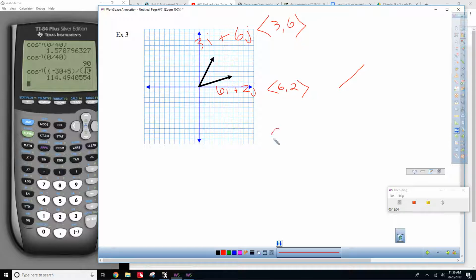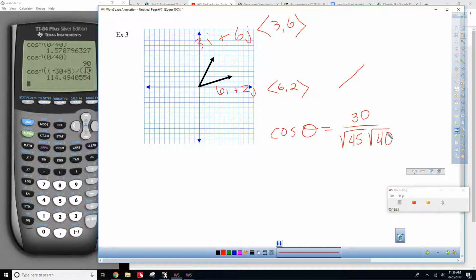Alright, so cosine theta is equal to, now let's do the dot product in our head. 18 plus 12, 30 over, this one is radical 9 plus 36 times radical 36 plus 4.